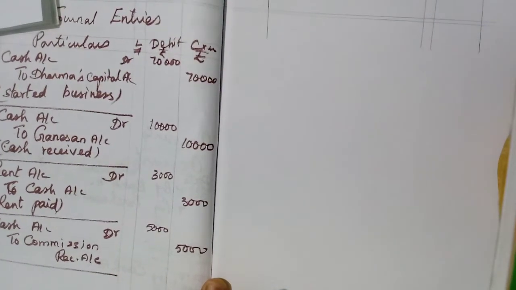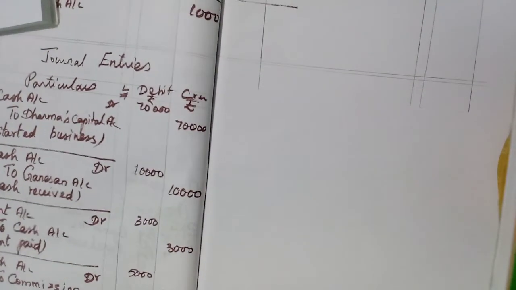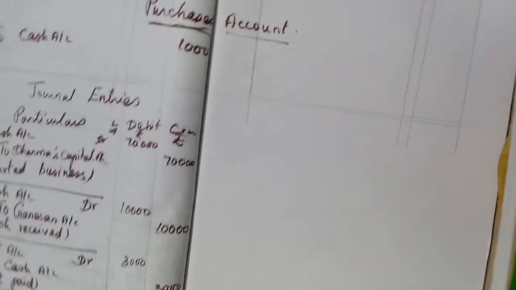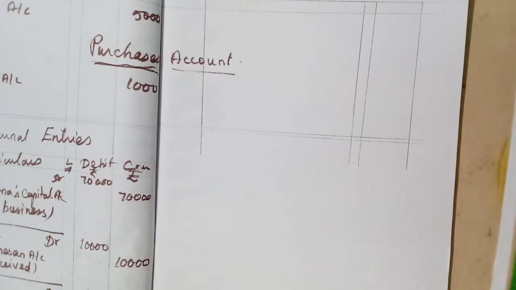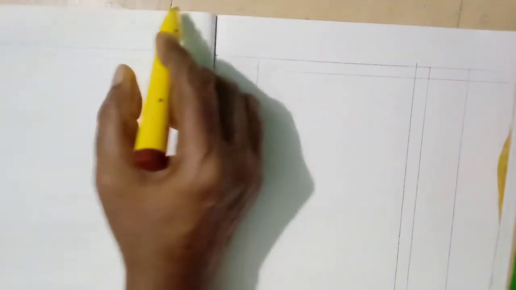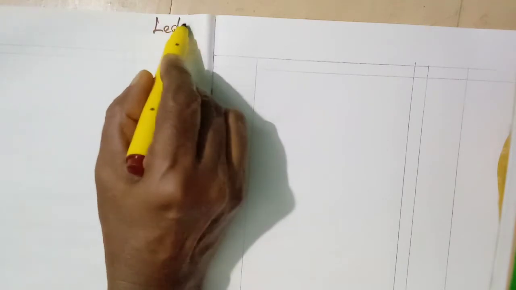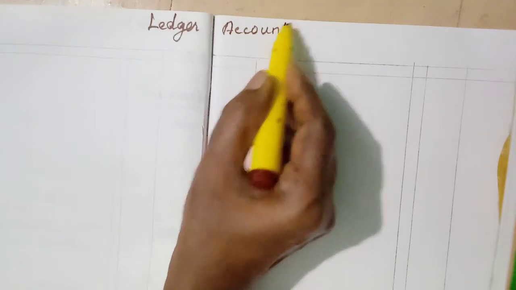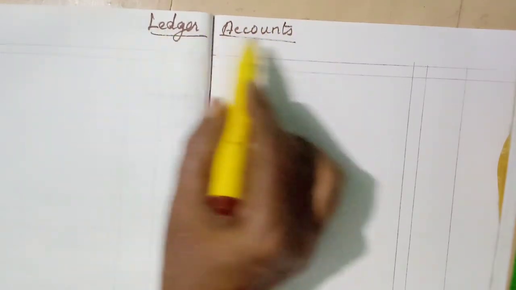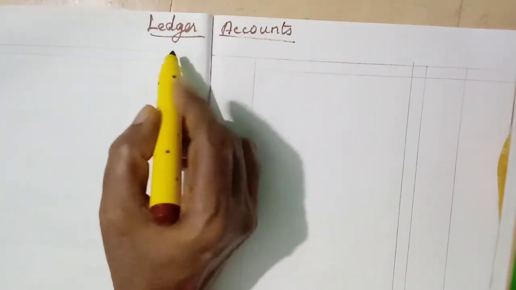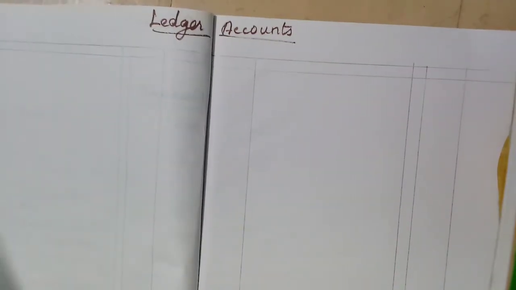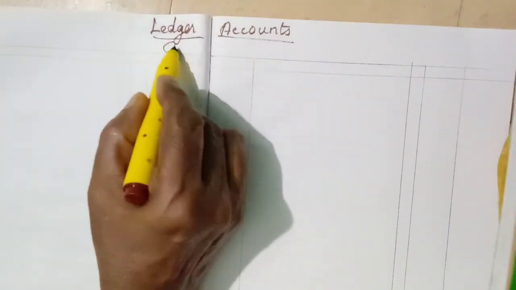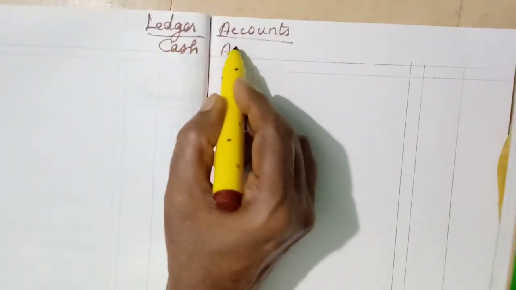Okay. Now we need to post all these things in the ledger accounts. First you write ledger accounts. Ledger accounts heading. Okay. For 2 lines will be there, no? Next one. First one we need to prepare. What is the first entry? First item, cash. So that is the account we need to prepare. Cash account. We need to use both the pages.